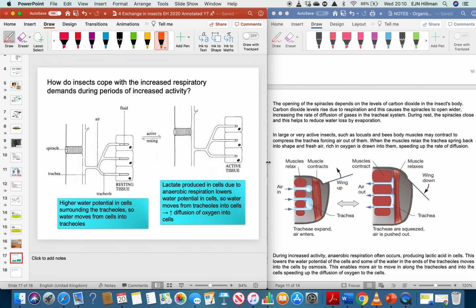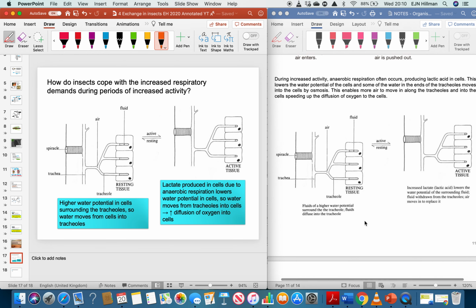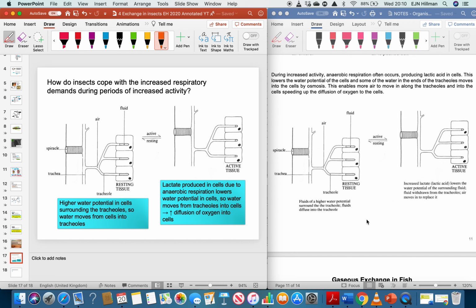Okay, one last little bit, and this really does confuse a lot, but it's fascinating, really clever. So when an insect is experiencing really increased activity, it's necessary for more oxygen to diffuse from the tracheoles into respiring tissues.